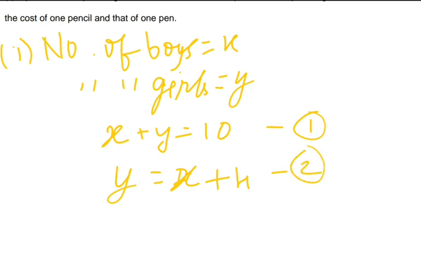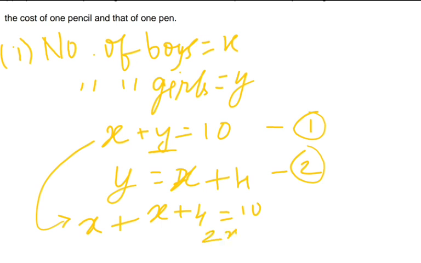If we put the value of y in equation 1, we will be getting x plus, putting the value of y in place of y, x plus 4 is equal to 10. So 2x plus 4 is equal to 10. 2x is equal to 6.